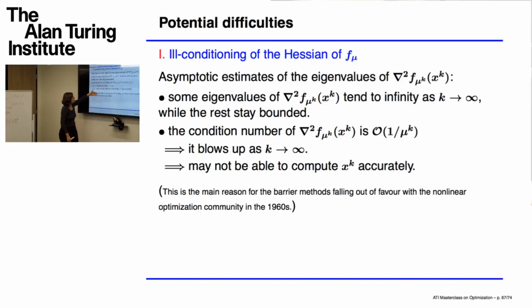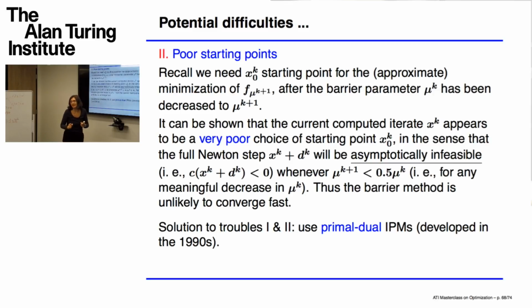I have a couple of slides on this. Again, the Hessian matrix condition number blows up, and it really affects your computation. You also have another property: if you do this natural initialization of each barrier minimization from the previous approximate solution for the previous barrier, you actually will not have fast convergence.